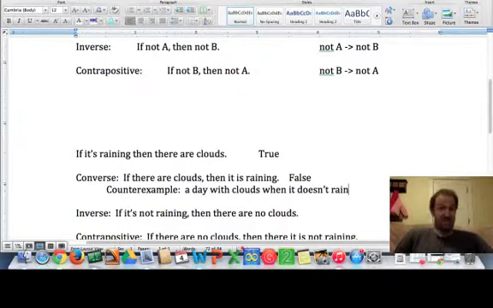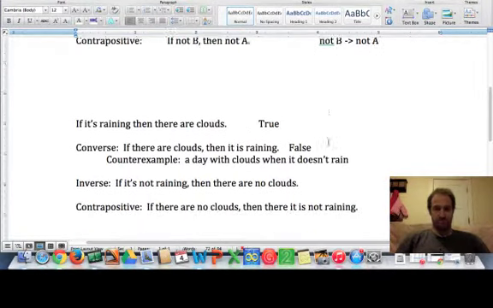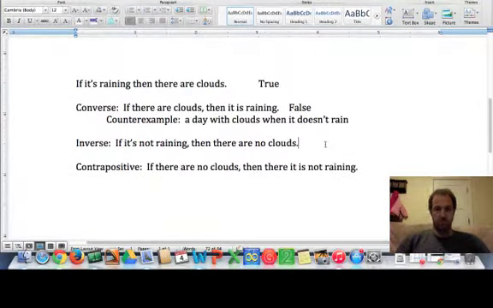That's an example that shows that this if-then statement is not true, because there are days when it's cloudy but not raining. Again, a counterexample is just an example that shows the if-then statement is false. If it's true, there are no counterexamples, by definition.